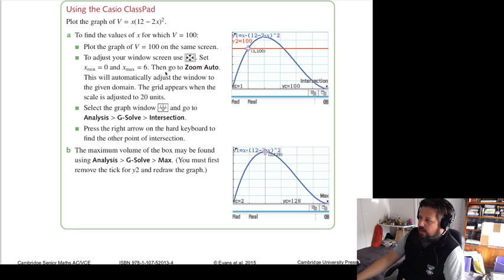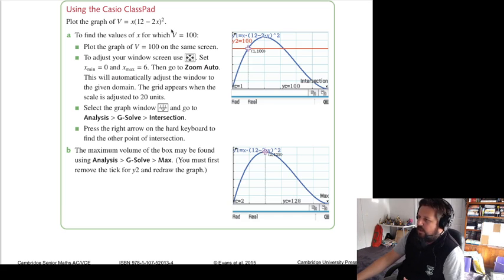Also, what they're suggesting is that we plot a second graph, so you're doing 2 graphs at once. You're going to plot the volume as being equal to 100, because the question was asking for what values of x does the volume equal 100.